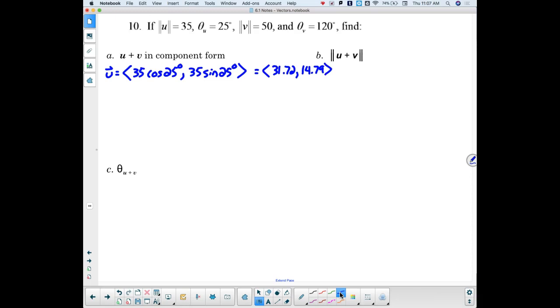Okay. V is going to be 50 times the cosine of 120 degrees and 50 times the sine of 120 degrees. That's going to be negative 25 and 25 times the square root of 3.